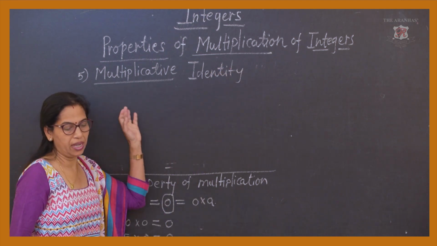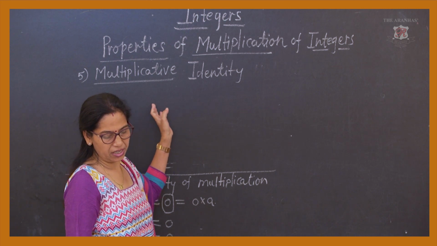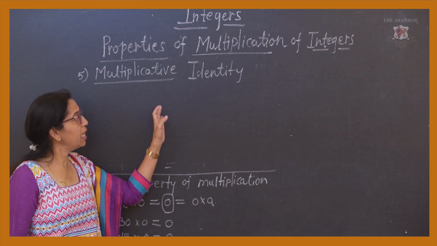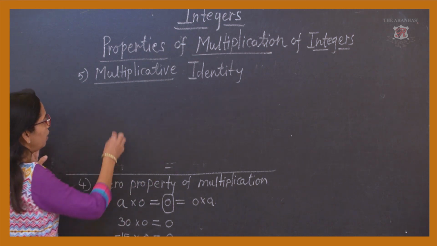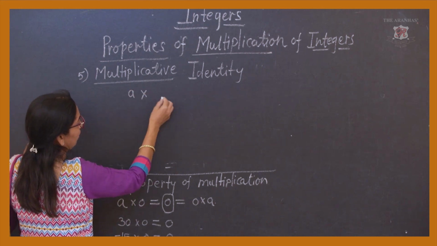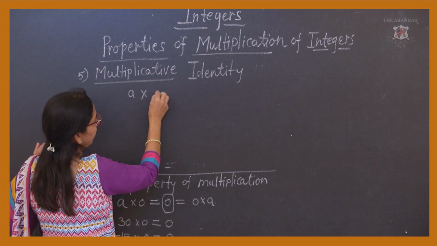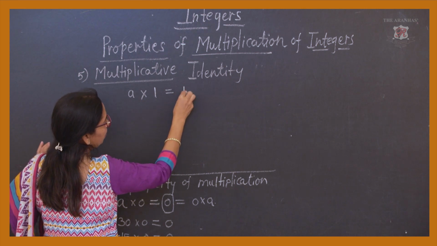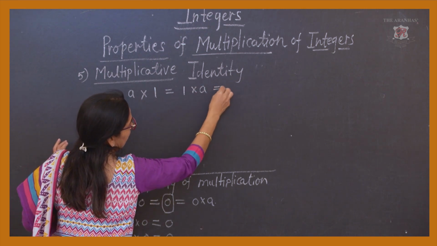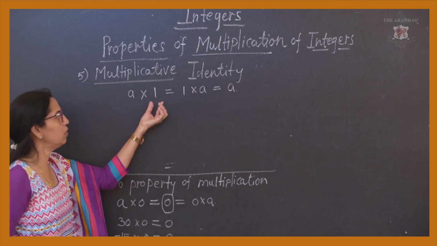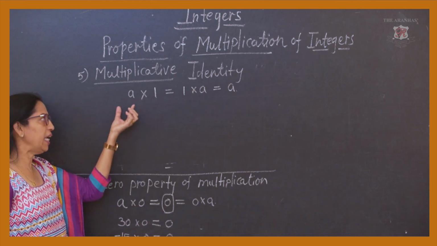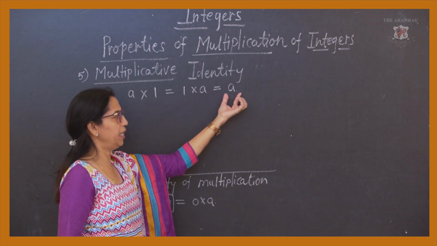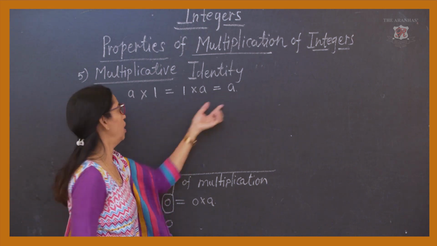For this property, whenever any integer is multiplied by 1, you will get the same integer as the product. The integer a is multiplied with 1 to get the same answer a. Because whenever you multiply any integer a by 1, you will get the same integer as its product.